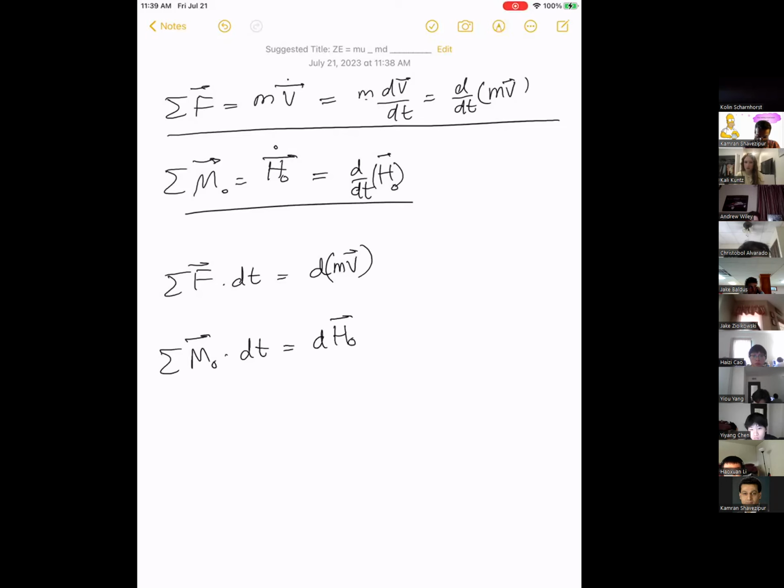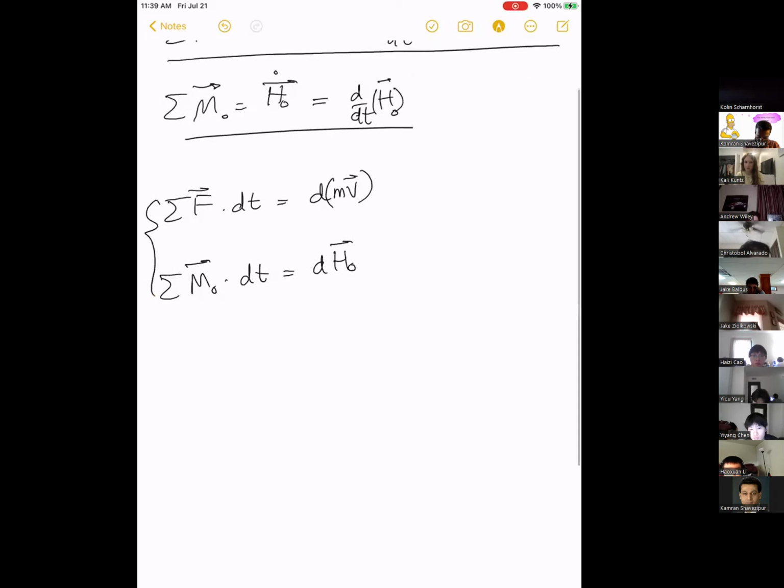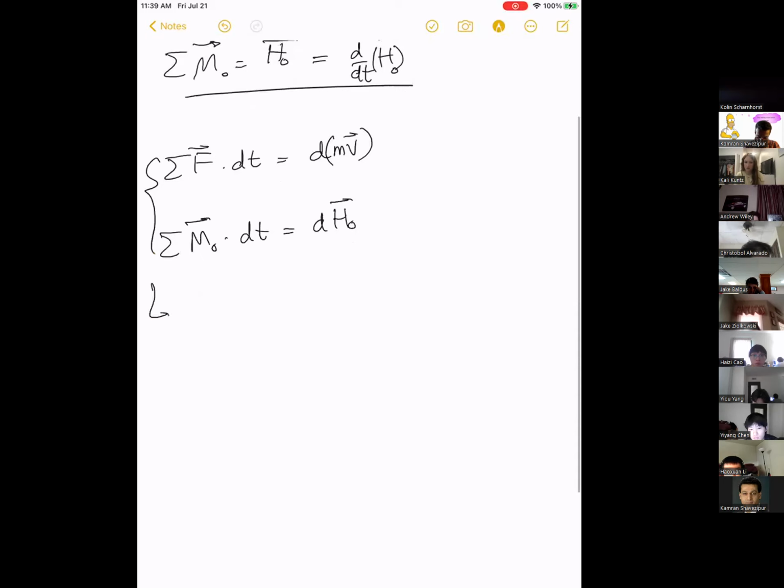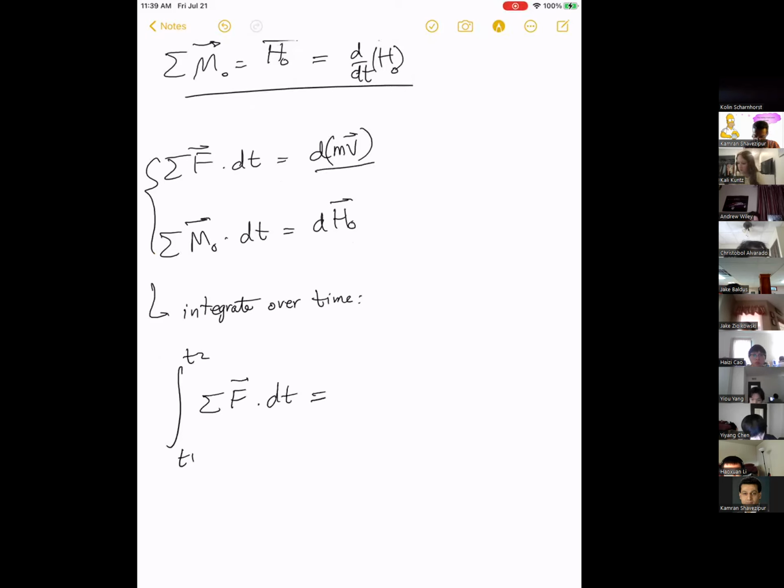If we integrate these two over time, from t1 to t2, we're going to get the integral of the summation of forces dt, and here simply mv2 minus mv1.